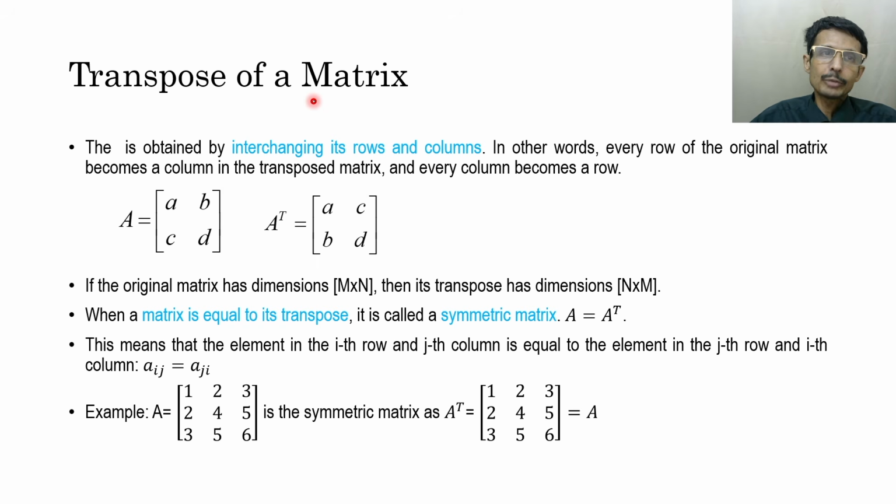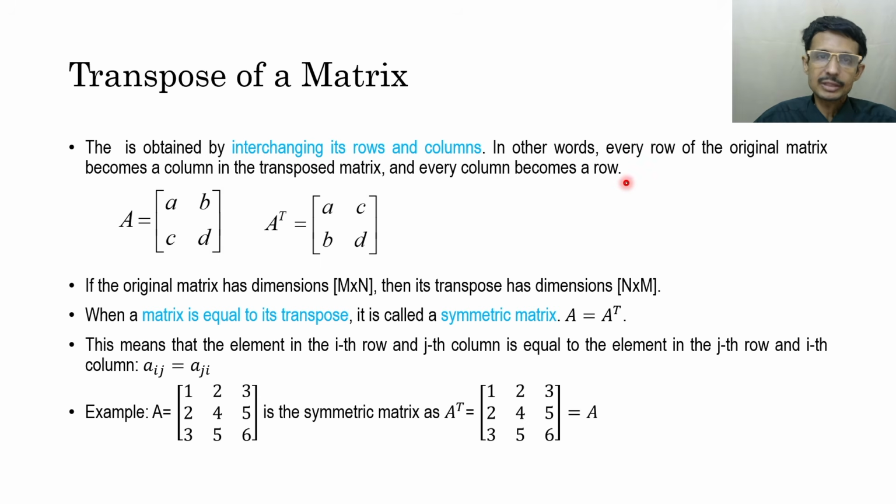Now we have to understand what is meant by the transpose of a matrix. Transpose means rows and columns are interchanged. So the transpose is obtained by interchanging its rows and columns. In other words, every row of the original matrix becomes a column in the transpose matrix.